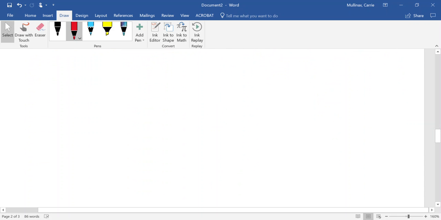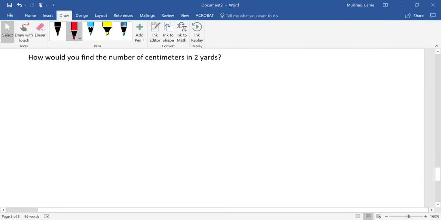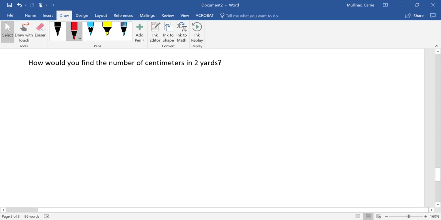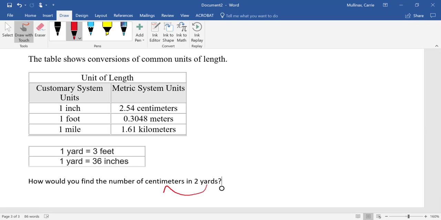Okay, and another example here where you're converting: how would you find the number of centimeters in 2 yards? So we're going from yards to centimeters. And if we look up here, again, we do not have a direct unit rate given that gets me from yards to centimeters.